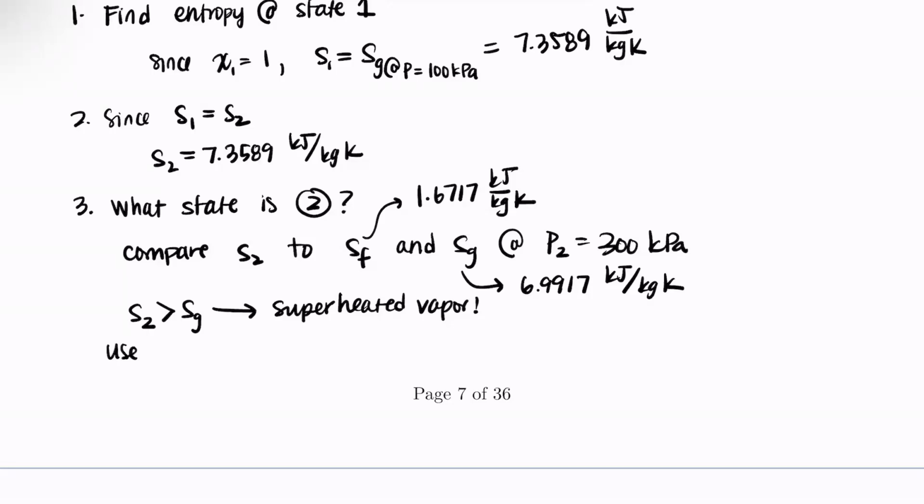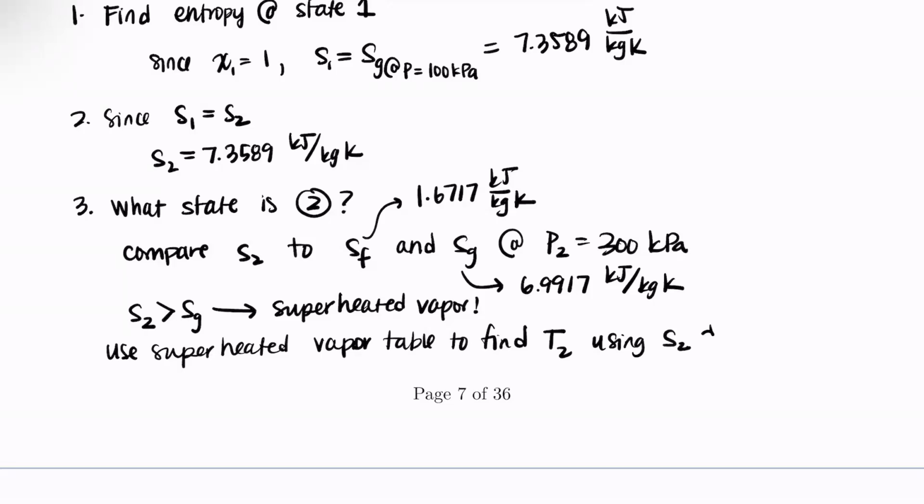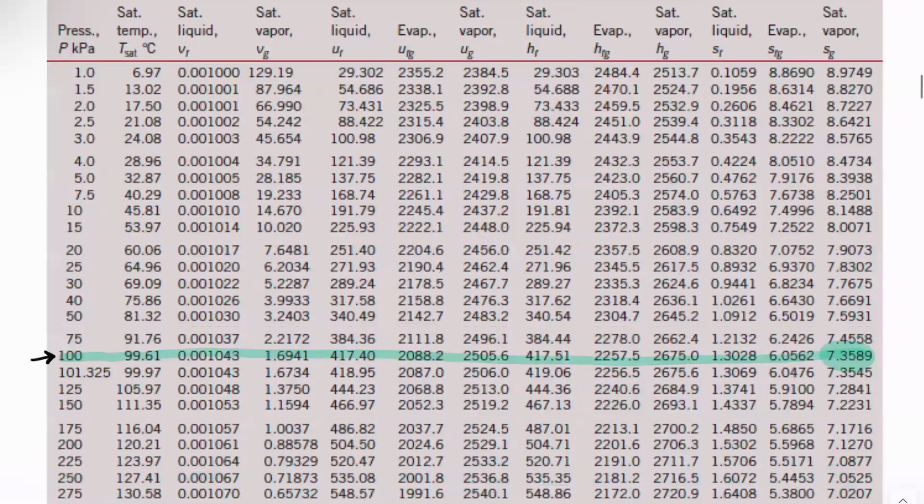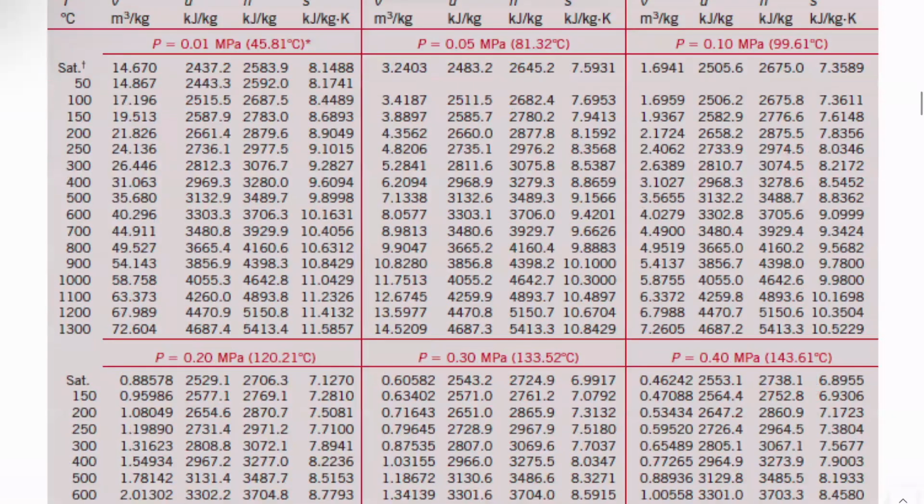So use the superheated vapor table to find T2 using S2 and P2.